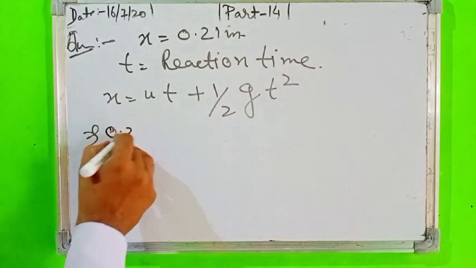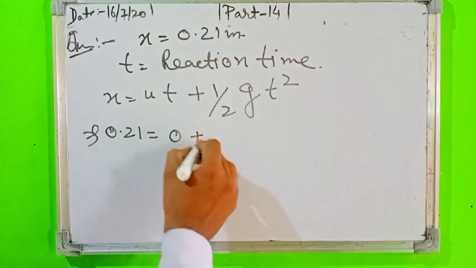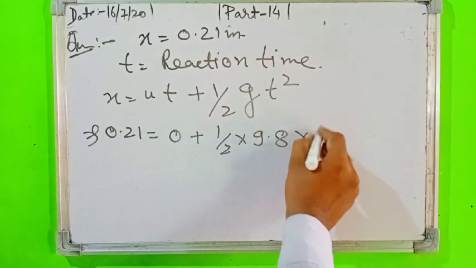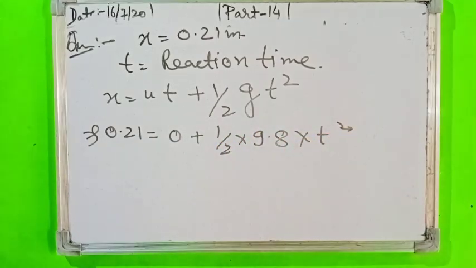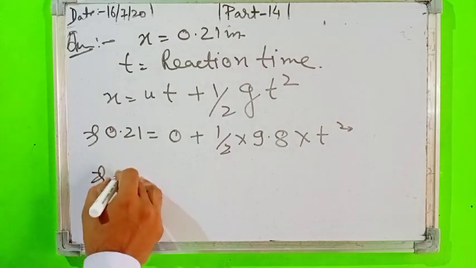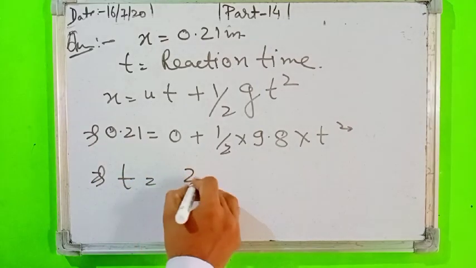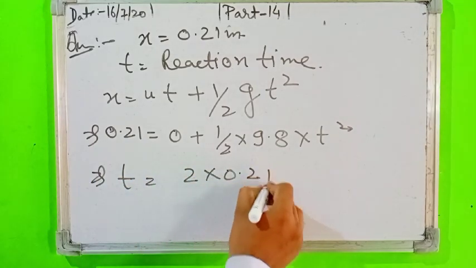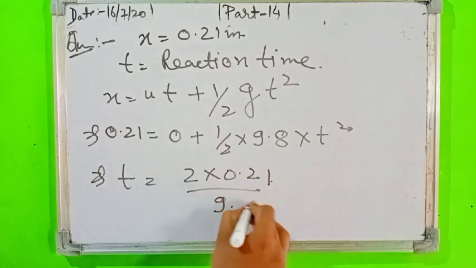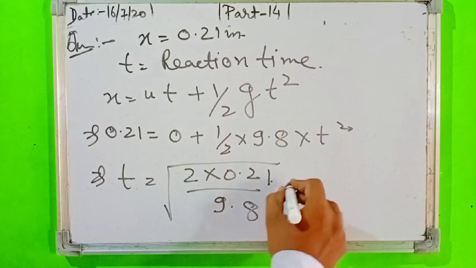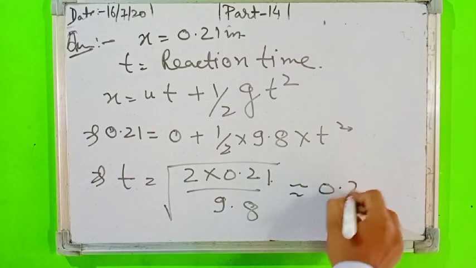So 0.21 is equal to 0 plus 1 by 2 into 9.8 into t square, and from here we can calculate the value of t, and t is equal to the square root of 2 into 0.21 upon 9.8, and thus reaction time becomes 0.2.